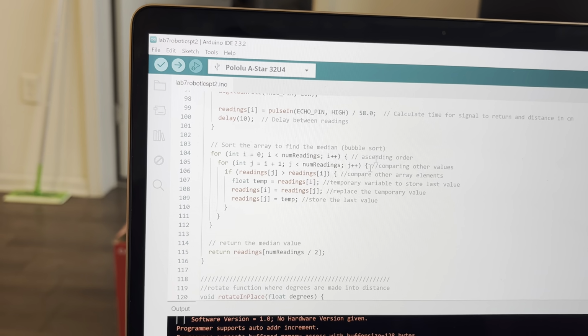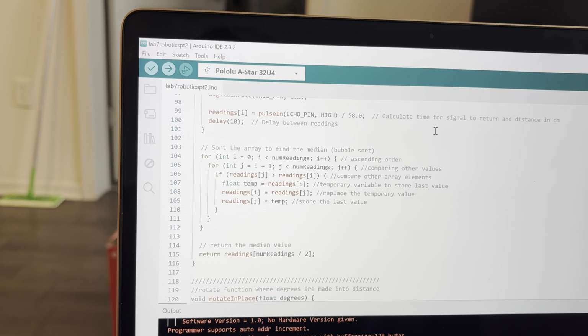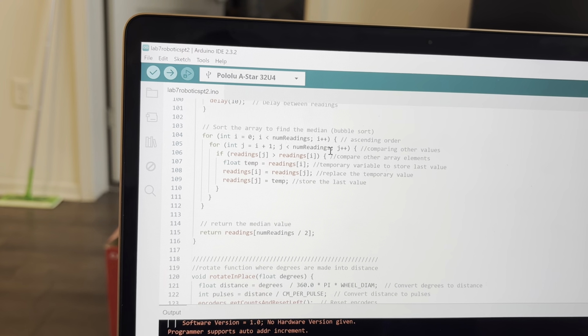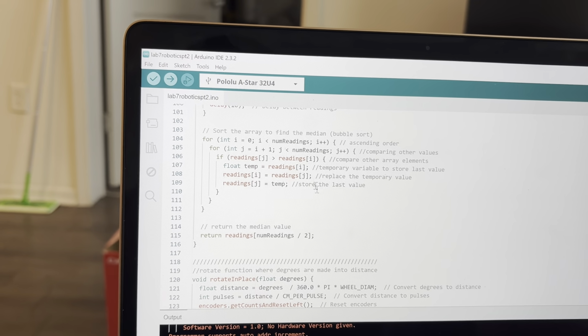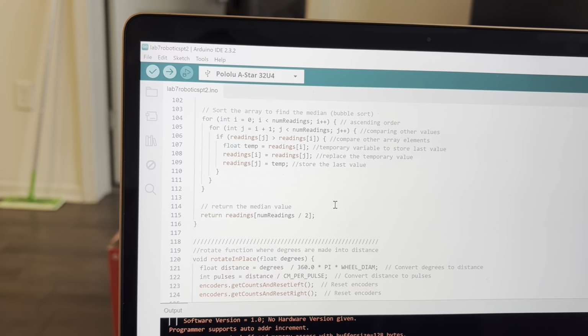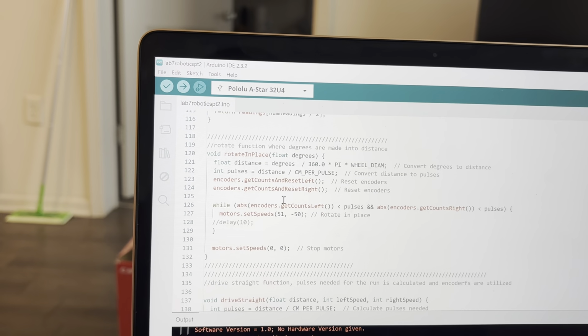Now this converts my distance to centimeters. Then the array stores the temporary value, and this is for the median value. And I have my rotate function.